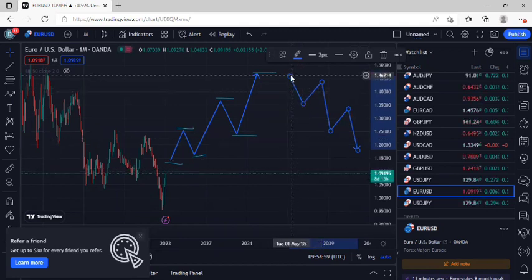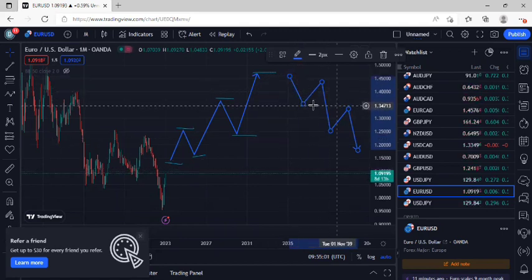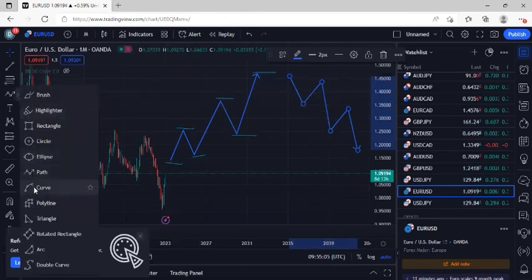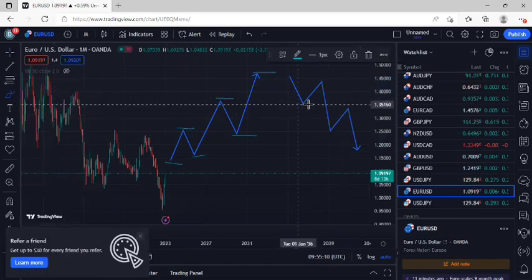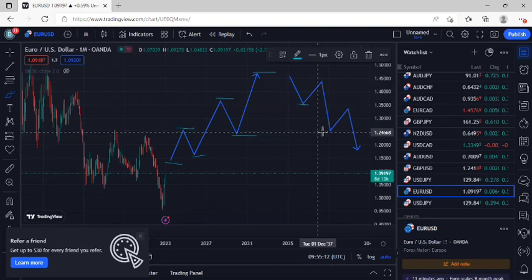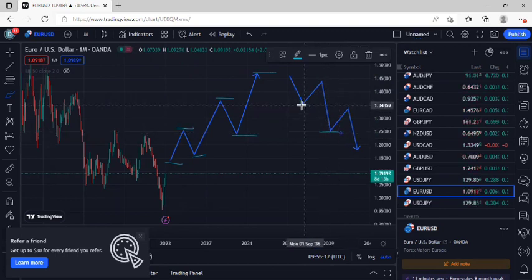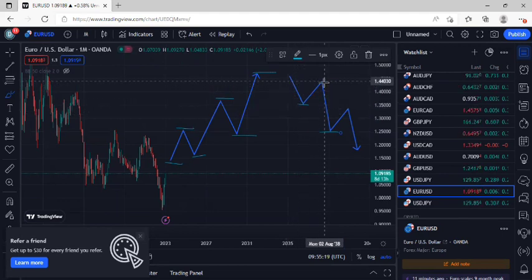The moment the market begins to create a lower low, as we have it here, otherwise known as support, the moment it is creating lower lows, then you are having a downtrend.